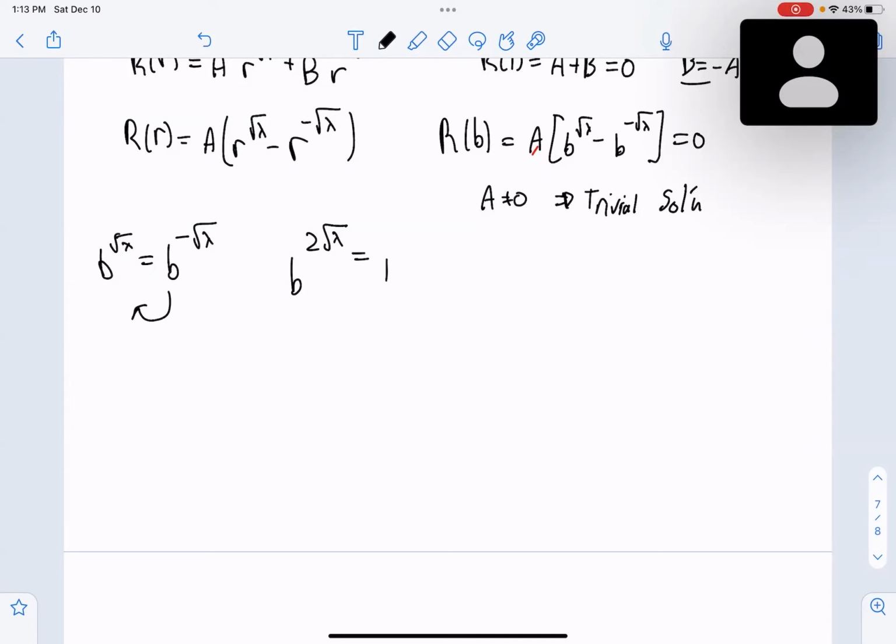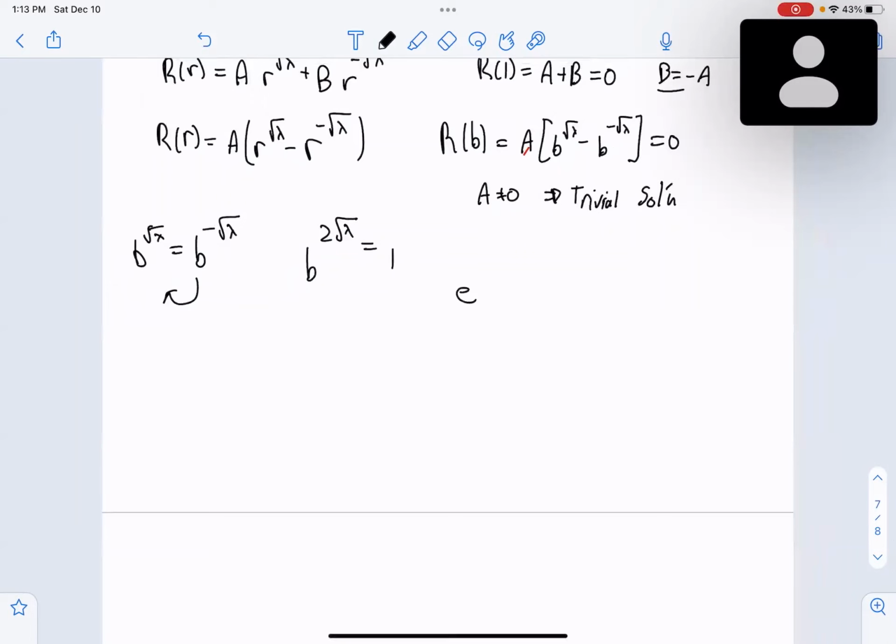But anyway, what we can do is then just use the exponentials here. We have e to the ln b to the 2 root lambda is equal to e to the 2 root lambda ln b. Again, that's just a property of the exponential.